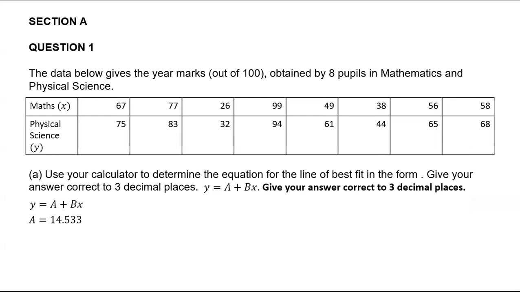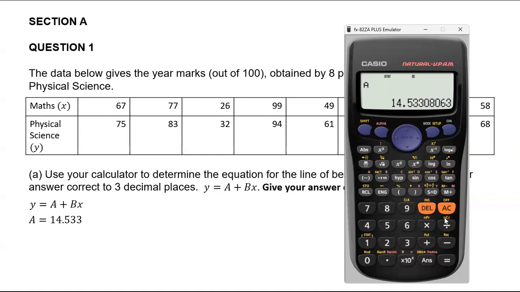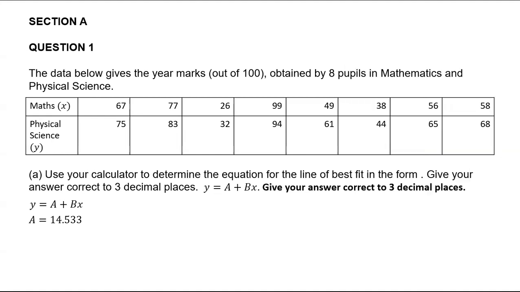Let's go back to the calculator and calculate B. To calculate B, what are we going to have? You'll have Shift, Stats, and 5 regression, and then you'll go to B, and B will give you 0,863. Now, B here will be 0,863.